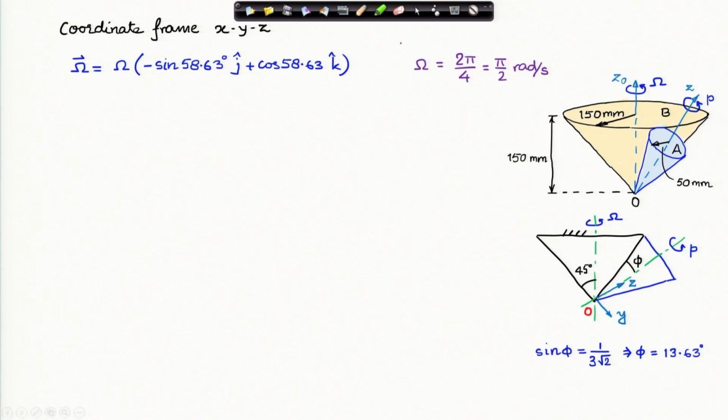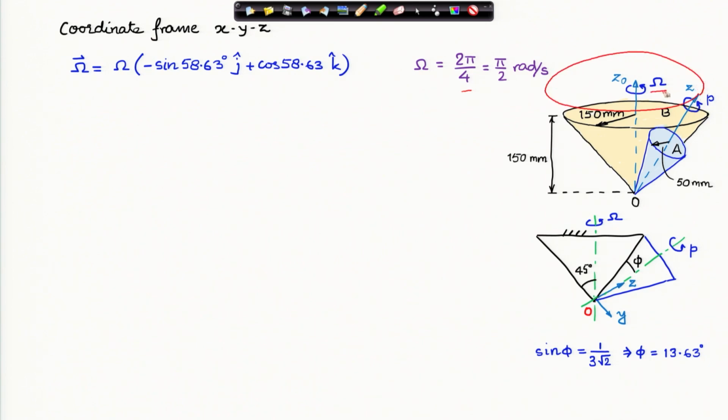Now, the magnitude of omega, capital omega, is given in terms of the time it takes for the small cone to make a complete trip around cone B, the fixed cone. It covers 2 pi radians in 4 seconds. This axis covers 2 pi radians in 4 seconds.